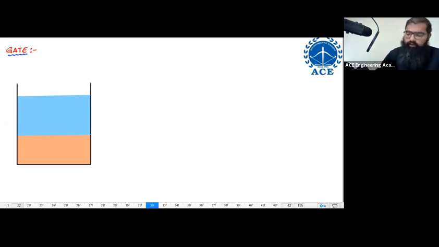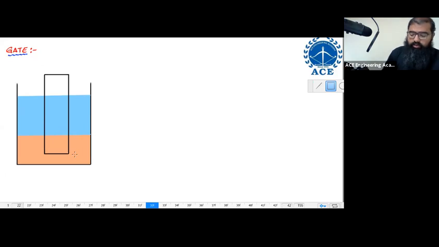Now what you have done is you have taken over here a prismatic wooden block. Furthermore, you have tied this wooden block to the bottom portion using a rope.